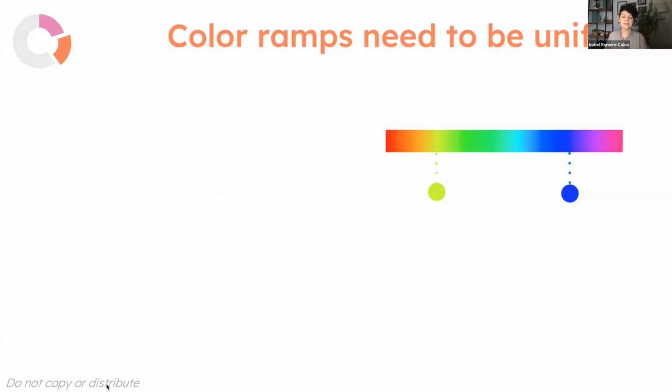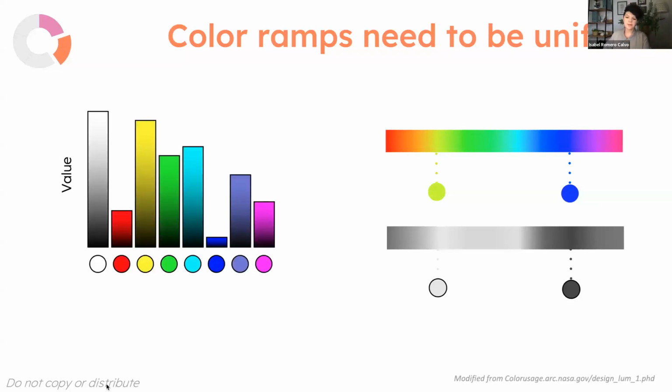Why? The mathematical explanation of this is really fun. There's not too much time, I will just mention it. But basically, if you move the color ramp of a rainbow ramp into black and white, this is what you get. You have areas that are very light and areas that are very dark in value. There's a fun publication from NASA that we can take a quick look at that analyzed the range that different hues have in value.